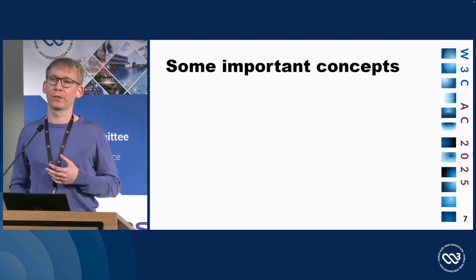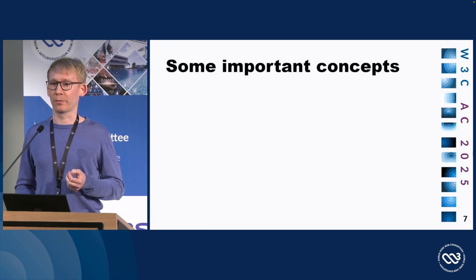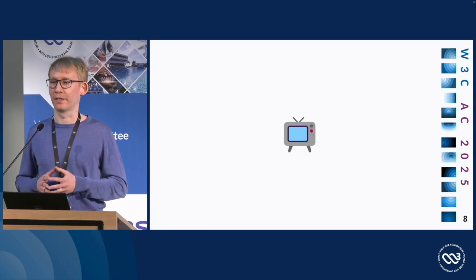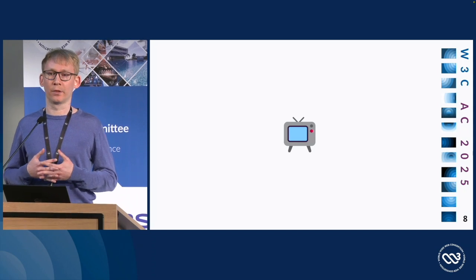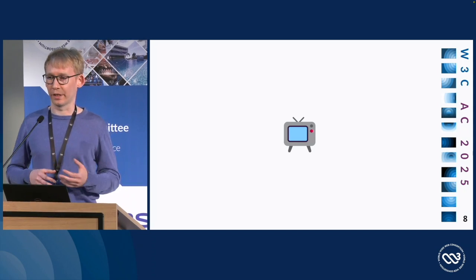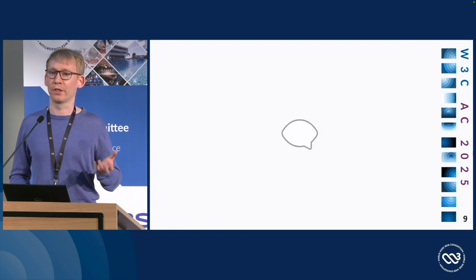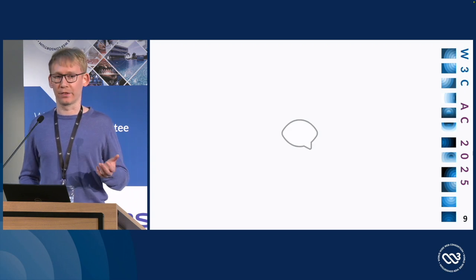But I wanted to put across some really important concepts that you may have heard of, but this is in the context of accessibility. So imagine that you are watching the television or a video or something in a loud environment, and so you can't hear it, so you turn on the captions and you get captions.